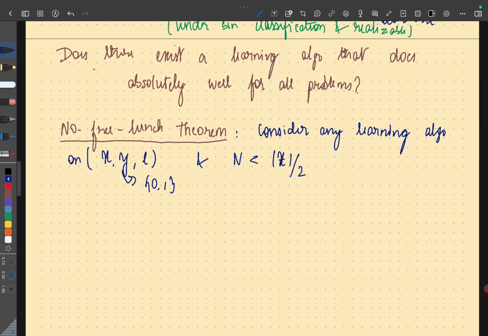Suppose the number of data points that you have is less than half of the size of the domain. Then there exists some bad distribution Pxy, which will prevent you from achieving a small risk.